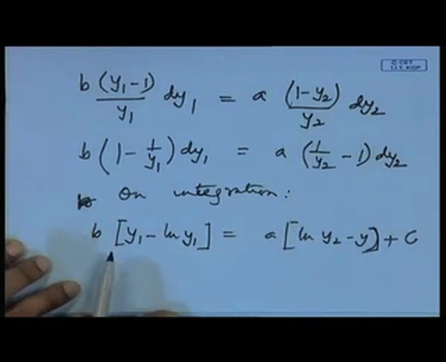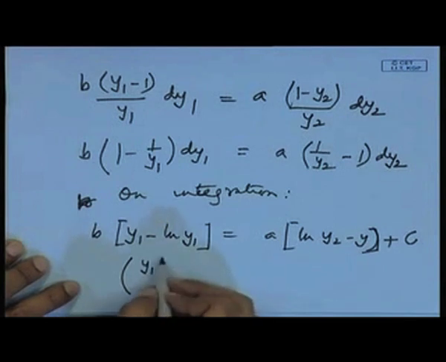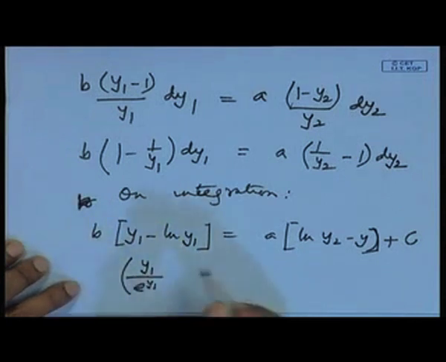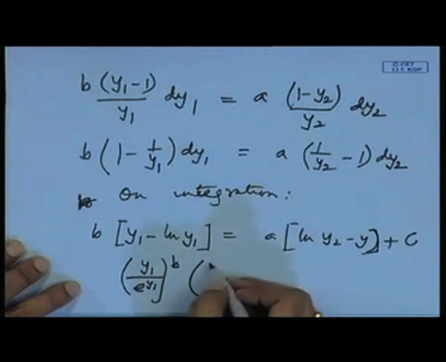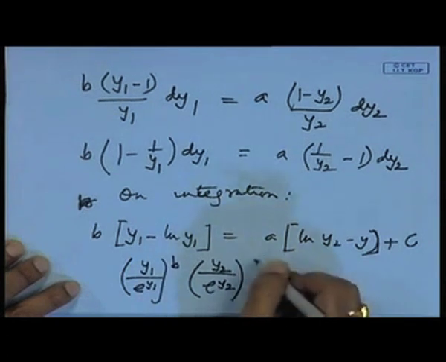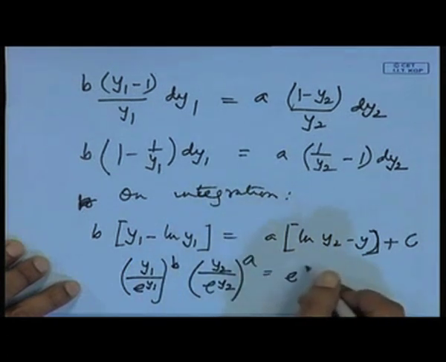So, now I can convert this into exponentials. So, (y1 over e to the power y1) whole to the power b times (y2 over e to the power y2) whole to the power a equals e to the power c.